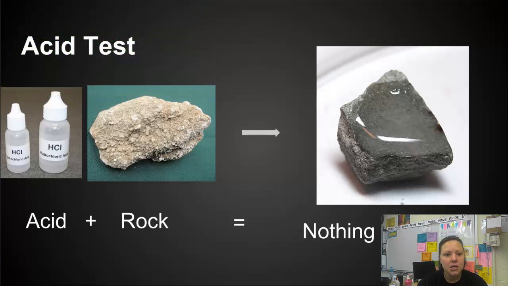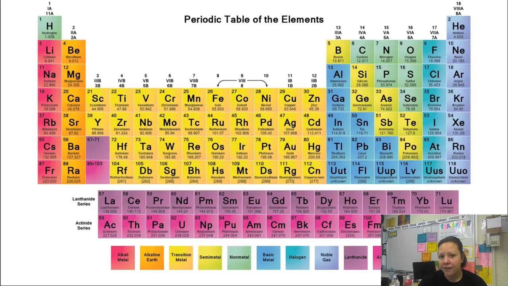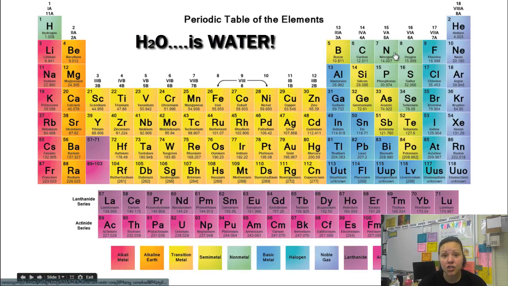What a rock is made of. So what we need to talk about first, in order to understand this whole acid test, is what everything is made of. Everything is made of elements. You may have heard of the periodic table of elements, you may not have, and that's perfectly fine. But many of you know what H2O is. Water.